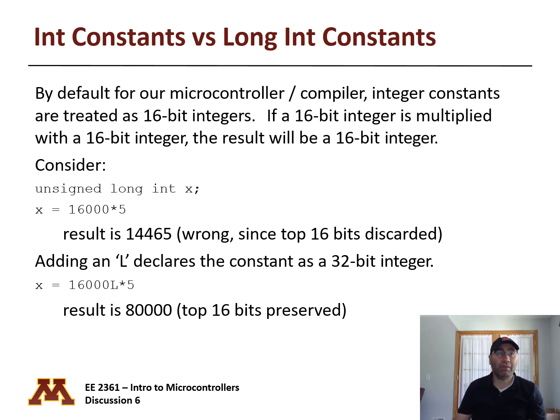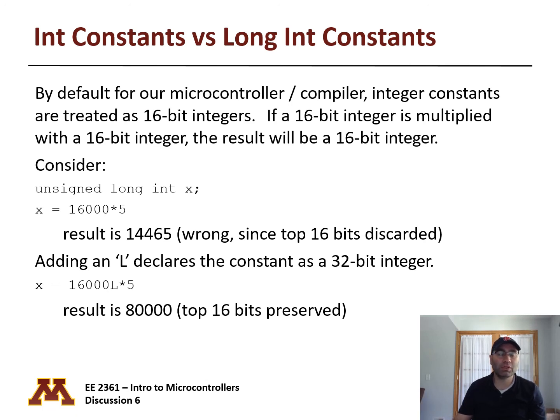Adding L declares that constant as 32-bit. So this constant is a 32-bit constant, and in that case you get 80,000, which is the right value.